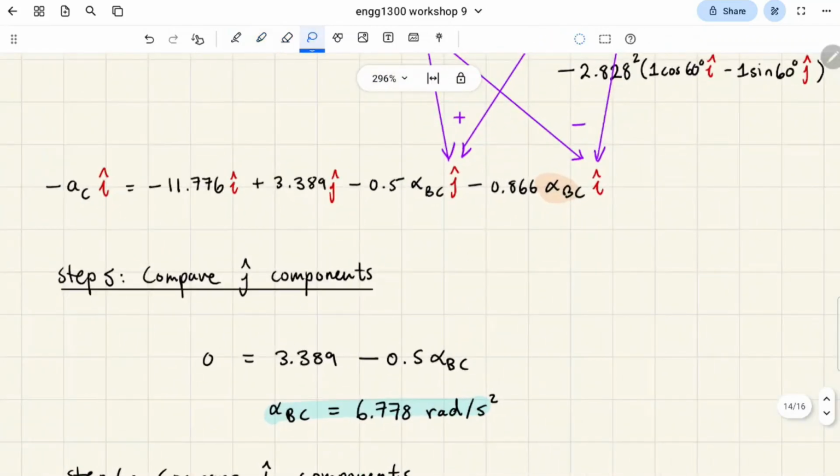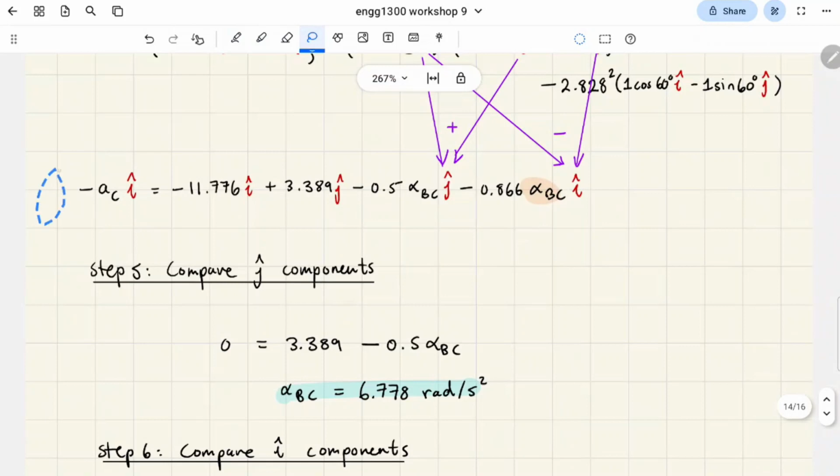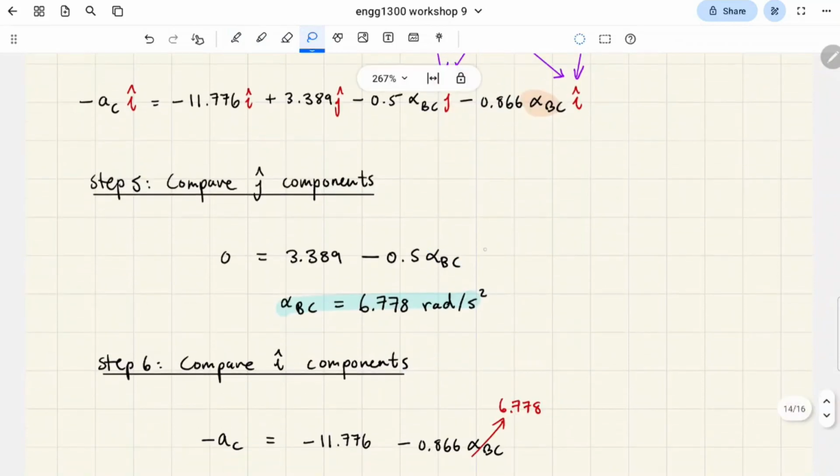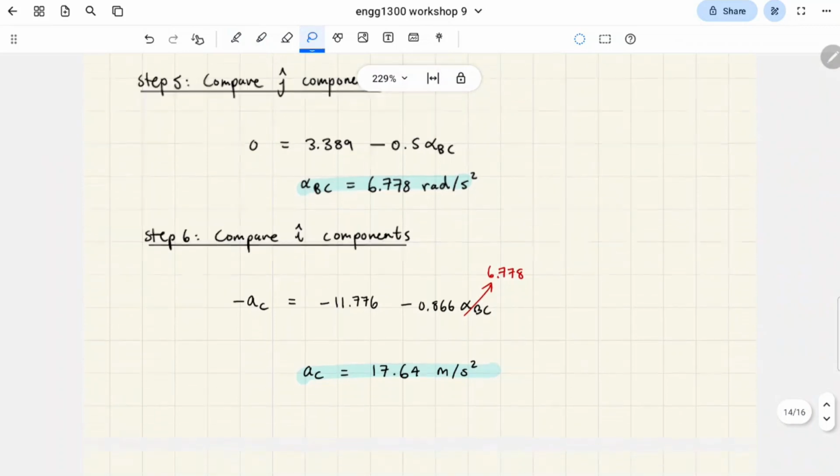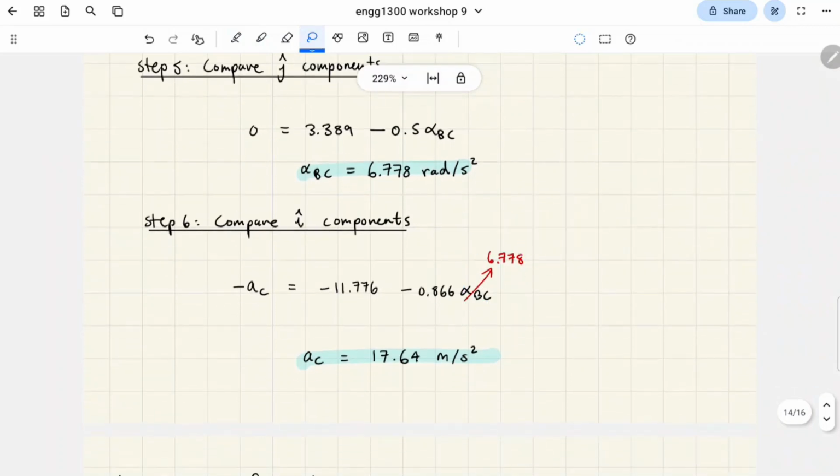We take all the j components on the left, which is nothing, so that's 0, and then all the j components on the right, so that's 3 point whatever, and then we can solve for alpha. Once we have alpha, we can do the same thing for the i components, substituting in the alpha we just worked out.